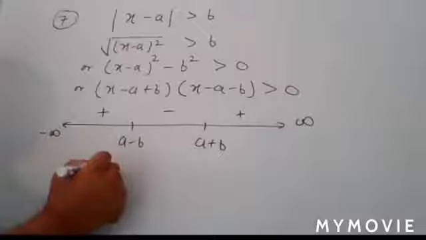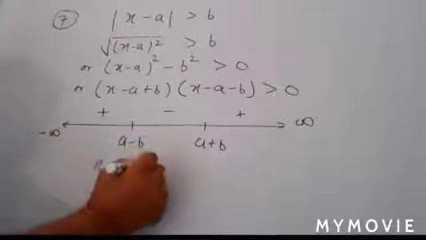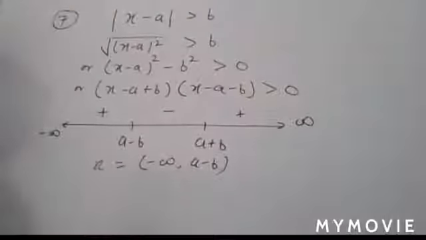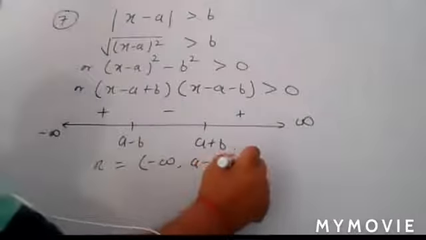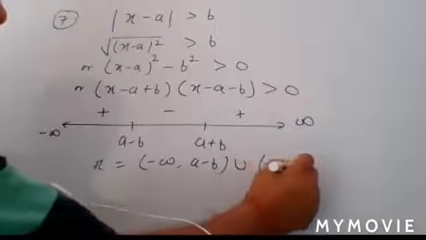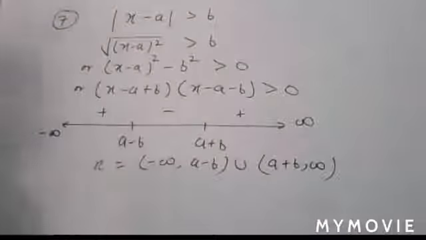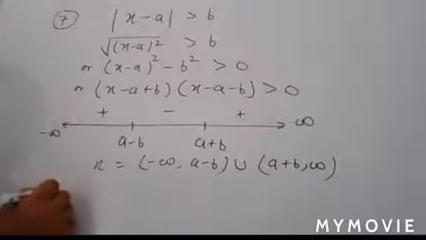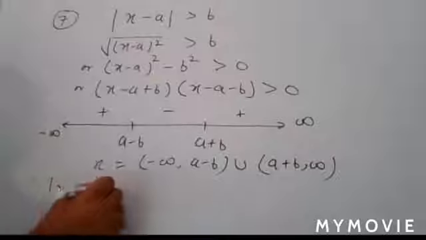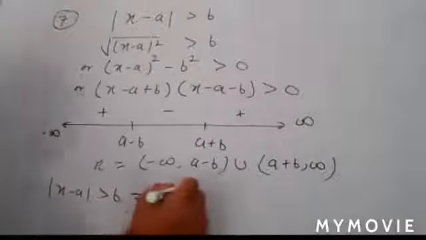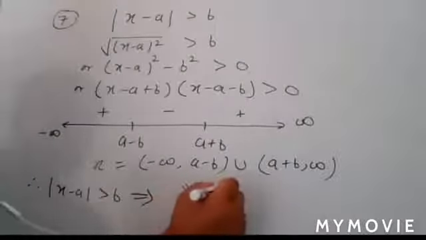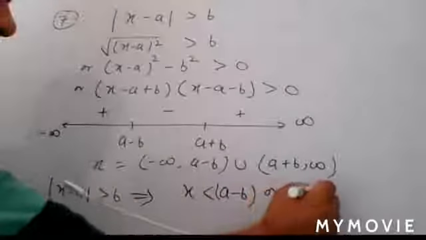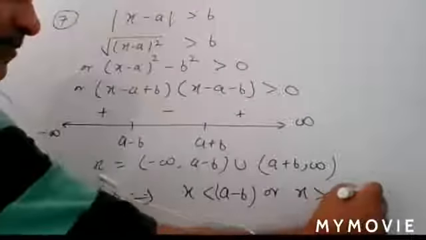Here you have x is equal to minus infinite to a minus b, union a plus b to infinite. So mod of x minus a greater than b implies x is less than a minus b, or x is greater than a plus b.